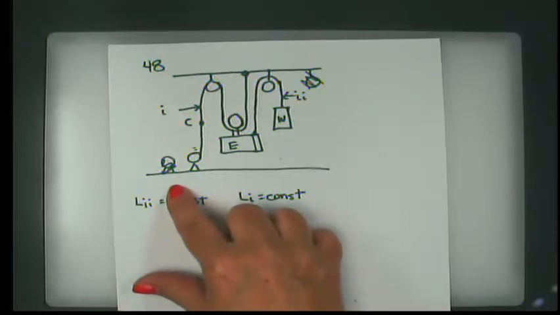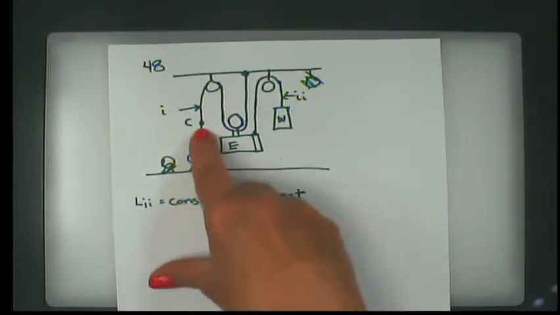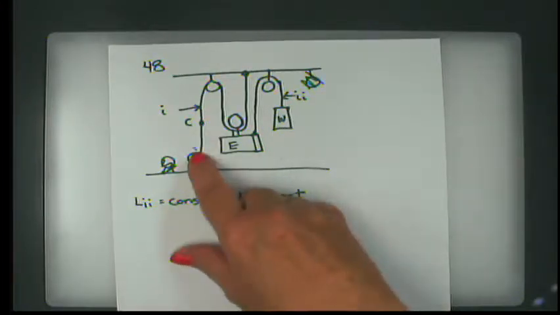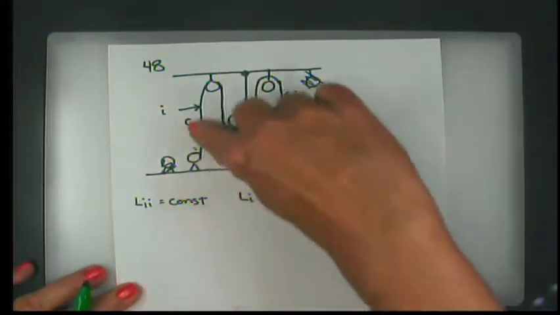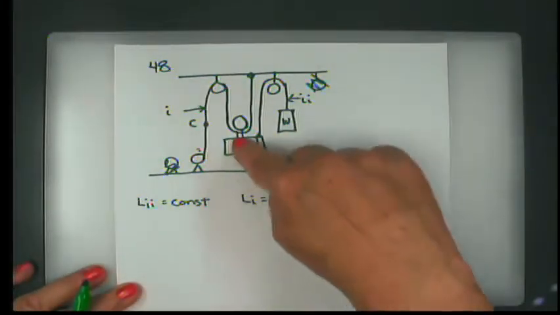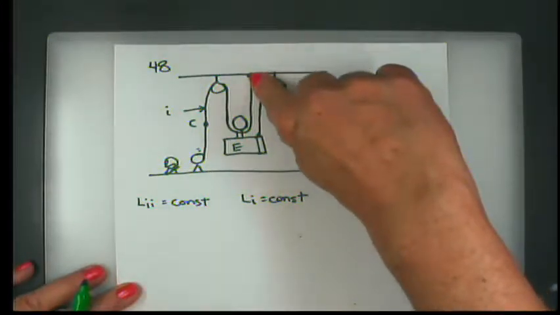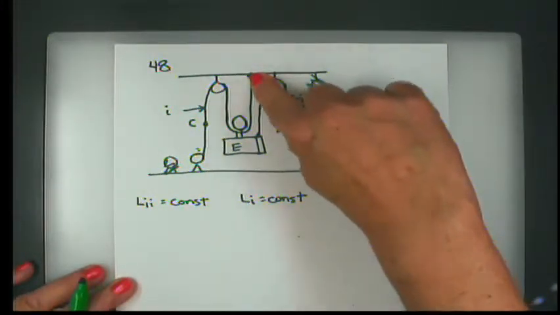So if we look at cable little 1, and point C is just some point. Maybe they put like a little red dot on the cable. But you can think of it just like anything else that would go up and down, like a weight or anything else. But what we can basically say is that if I take this length and add it to this length and add it to this length, that would be the length of little 1, and that has to be a constant.